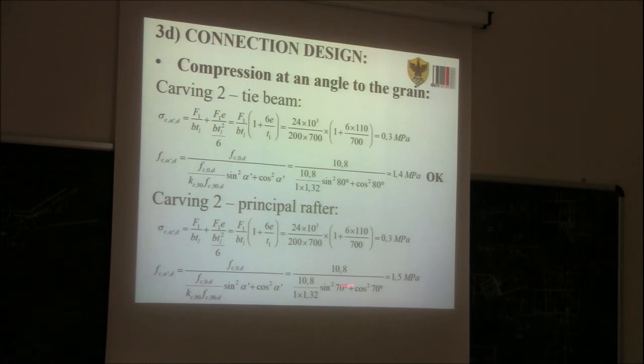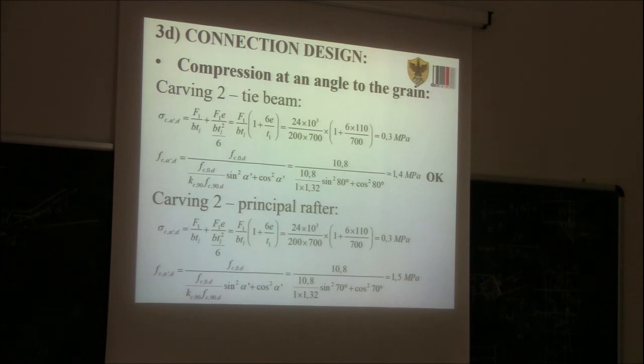So again, here those are the results. So on the tie beam, 0.3 megapascal of stress demand and 1.4 megapascal of strength capacity. Instead, on the principal rafter, 0.3 megapascal, the same demand, and 1.5 megapascal, the strength capacity.